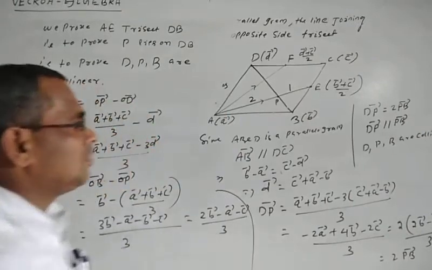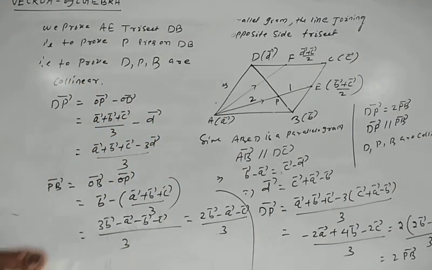Similarly, we prove that AF trisects DB. So AE trisects DB, that means D, P, B are collinear.